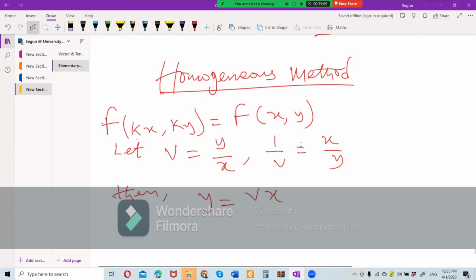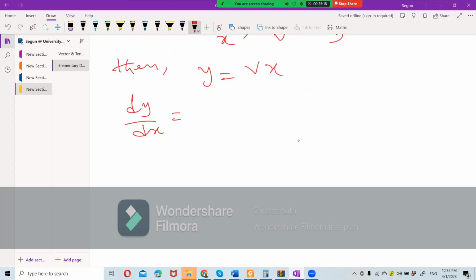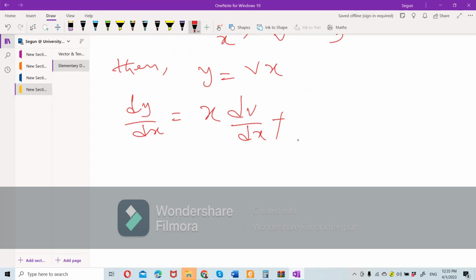So I can differentiate the y. If I want to differentiate y, let me hold x constant and differentiate v. I will have x dv/dx plus, let me hold v constant and differentiate x, I will have v dx/dx.